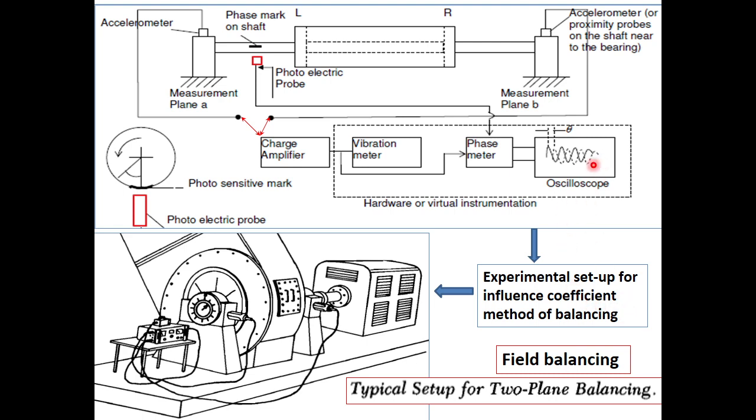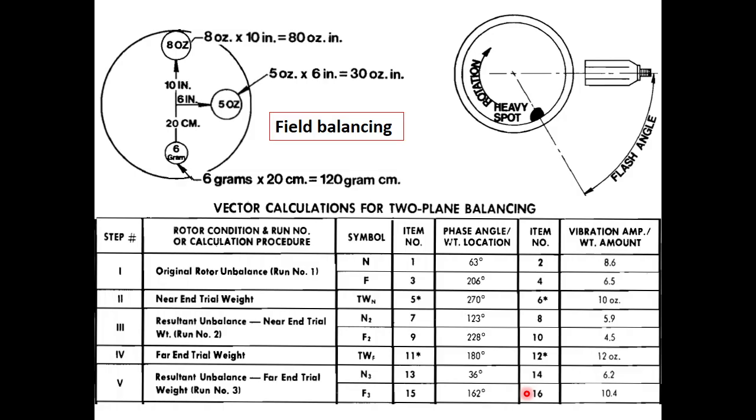And with this, this is the mechanism I was talking about, the photosensor. This is the hardware part, and with this vibration measurement, this phase meter reading, they carry out some balancing.